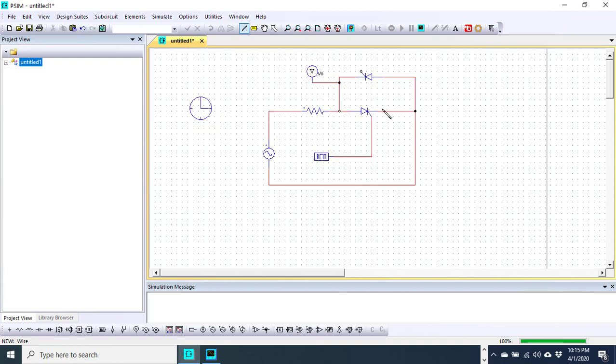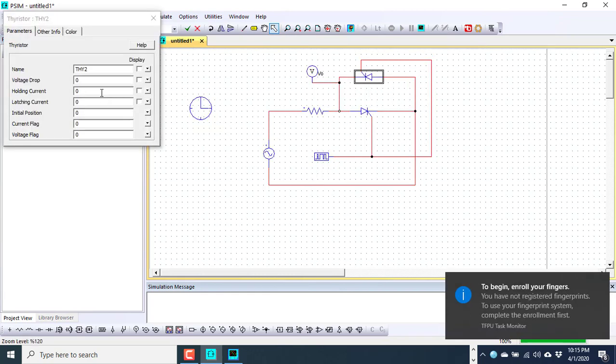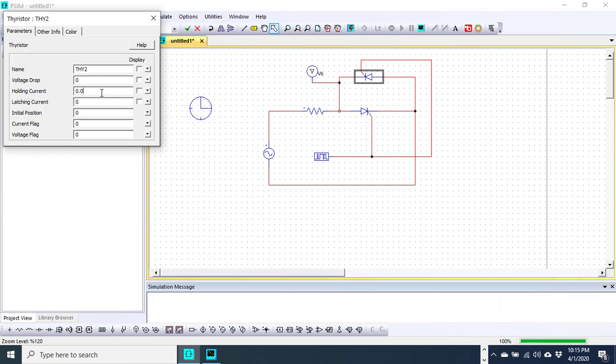I need to connect the gate signal over here. Okay, I have to adjust the holding current and the latching current. Holding current is 0.001 and the latching current is 0.1 amperes.